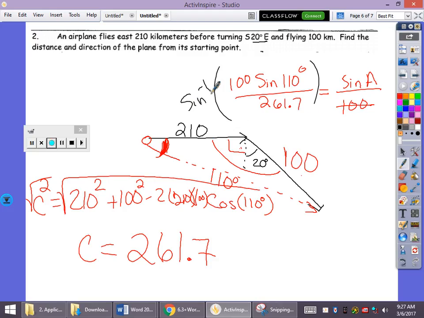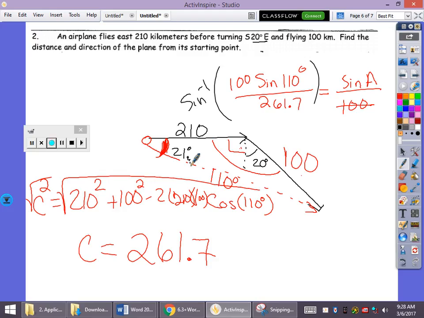Type it all in the calculator, and the angle in which it was redirected is going to be how big? You got 21 point... All right, so 21 degrees. Okay? Good? No, you're only finding the turn, okay?